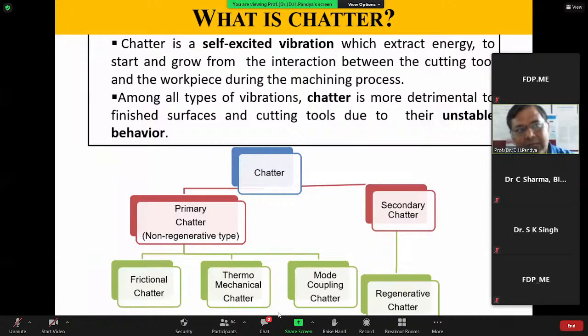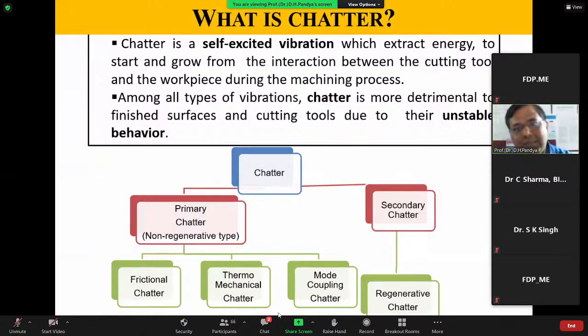Chatter is a phenomenon of a machining process, while vibration is a phenomenon of that particular component. Vibration of a machine tool, vibration of a cutting tool, vibration of a workpiece, but chatter of a turning process, chatter of milling, chatter in face milling. This is the terminology difference.